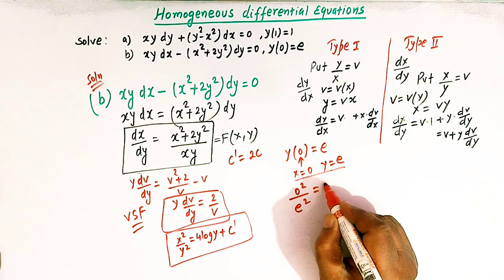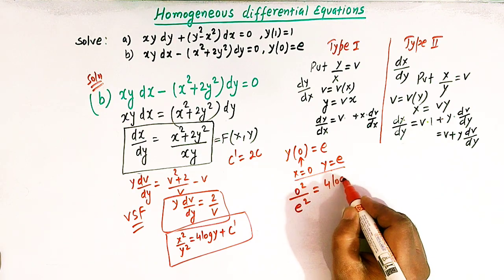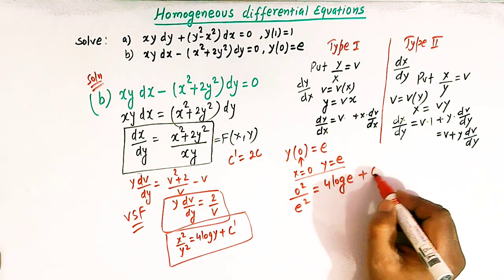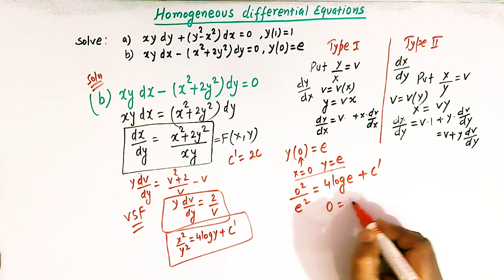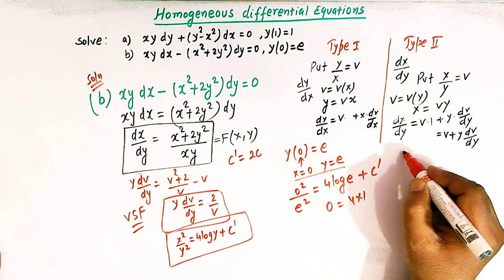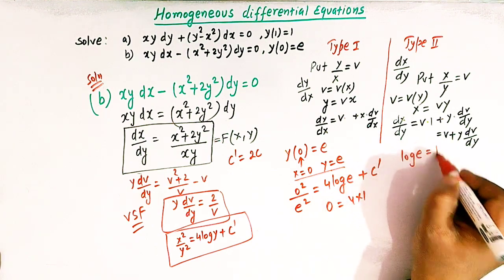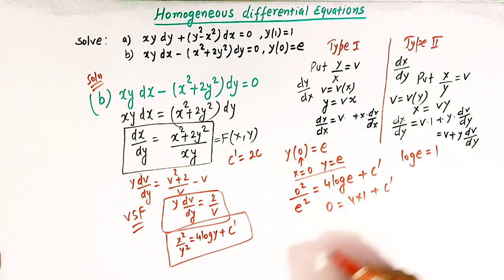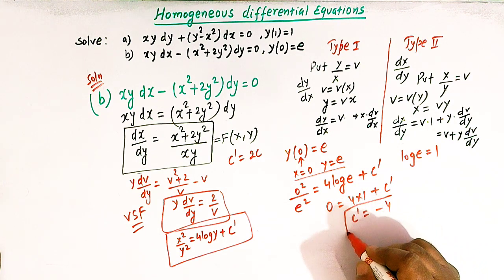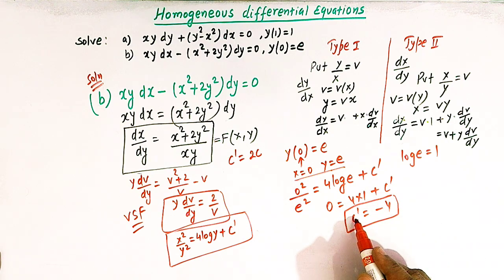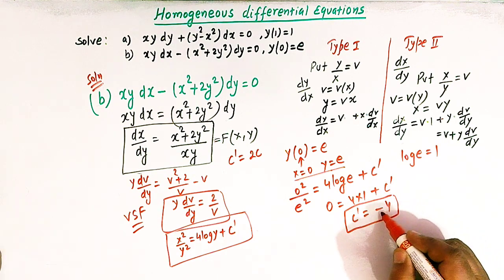Here we have 4 times log of e, and here we have c prime, right? So this term is 0, so here we have 4 times 1, because log of e is equal to 1. So here we have c prime. So now c prime is equal to minus 4. So the constant of integration is equal to minus 4.